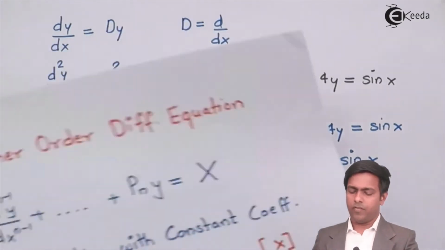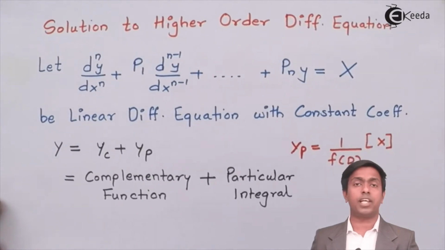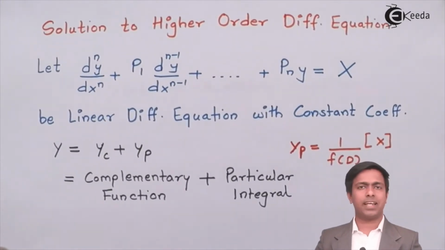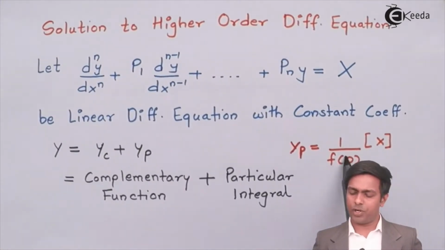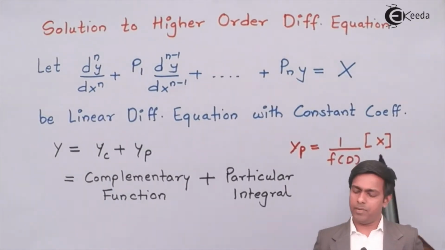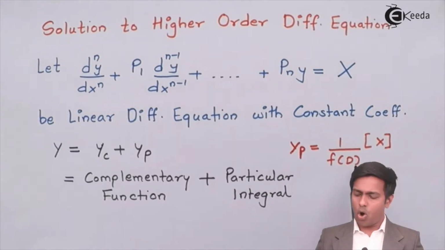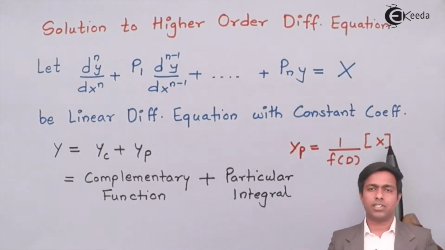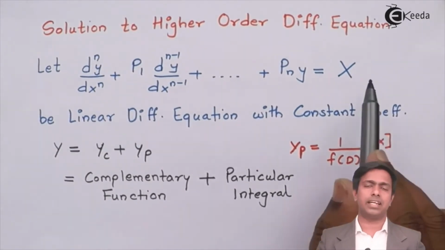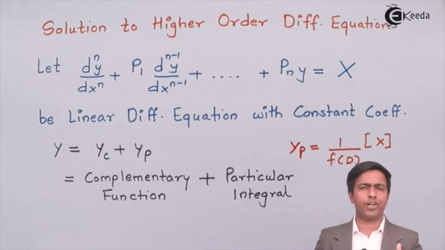So when we are finding the value of particular integral, that time I'll be taking that f of D over here, and I will multiply this X, or I will apply this operator on the X. So X is nothing but the right hand side. So this X can be any function of x.